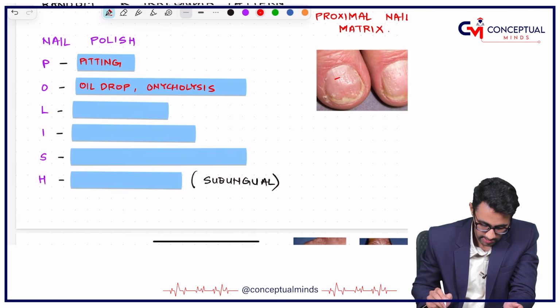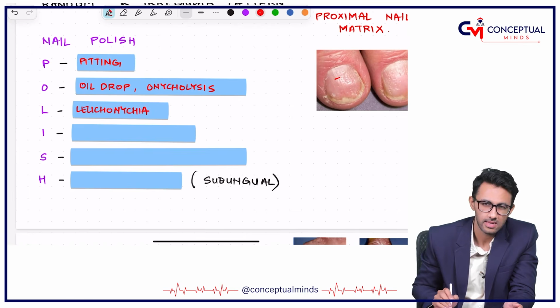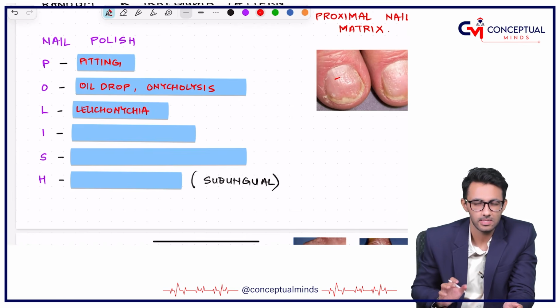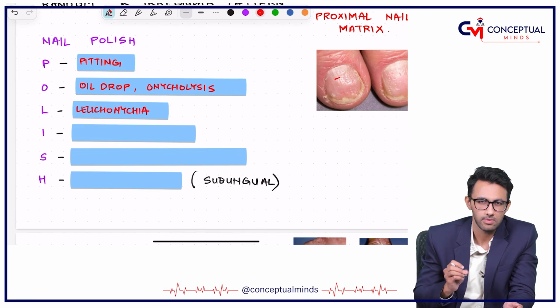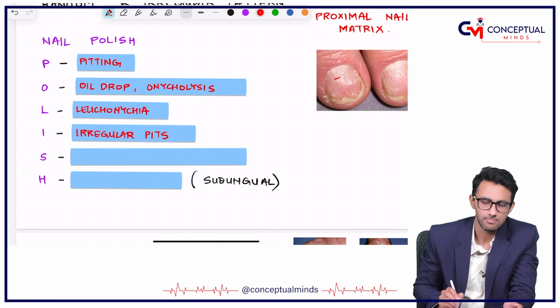Alright, how about the next one? It is leukonychia, white nails. How about I? They just refer to irregular nails or irregular pits. How about S? S is splinter hemorrhages.